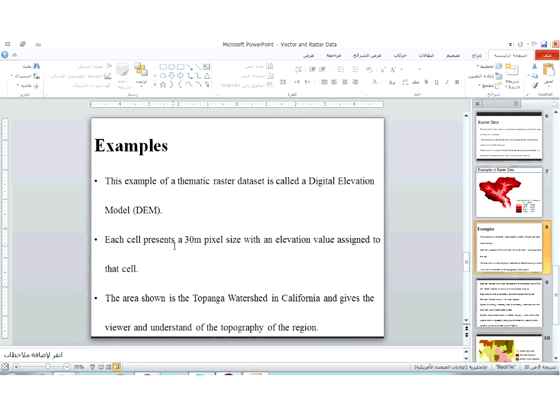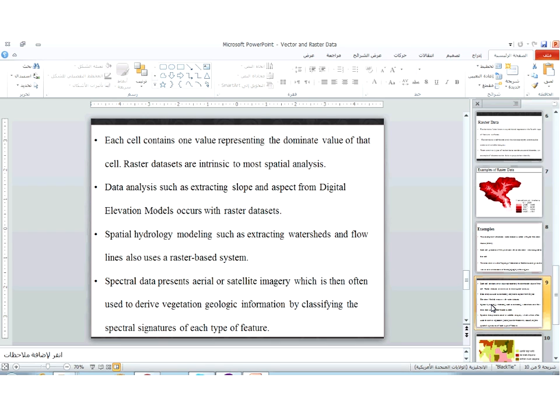Each cell represents a 300 meter pixel size, which is an elevation value assigned to the cell. Also, the area known as the topographic sheet in California gives a view and understanding of the topography of the region.